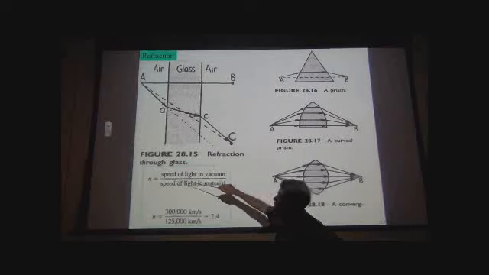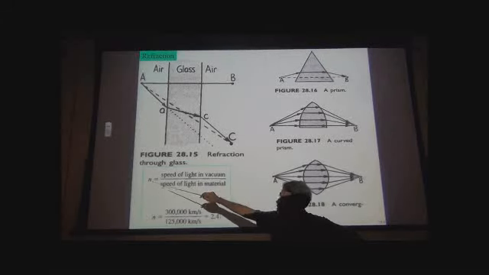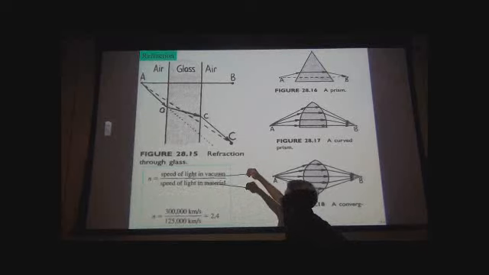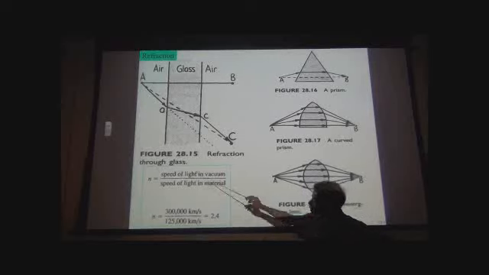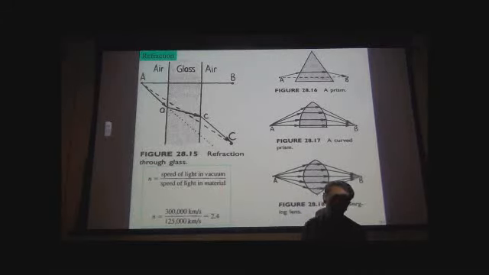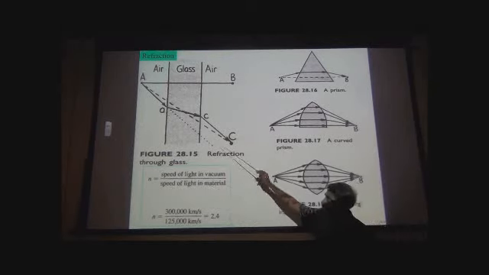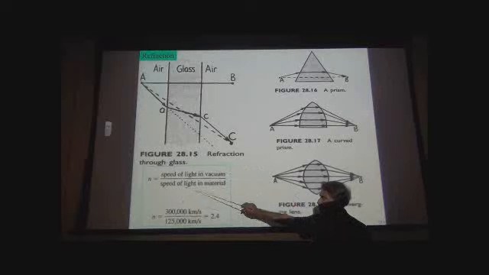Now, we define something called the refractive index. The refractive index n is equal to the speed of light in a vacuum divided by the speed of light in the material. Here is an example for glass. The speed of light in a vacuum is 300,000 kilometers per second. By the time I say 1 Mississippi, light has traveled 300,000 kilometers. In this particular glass, the speed of light has dropped.